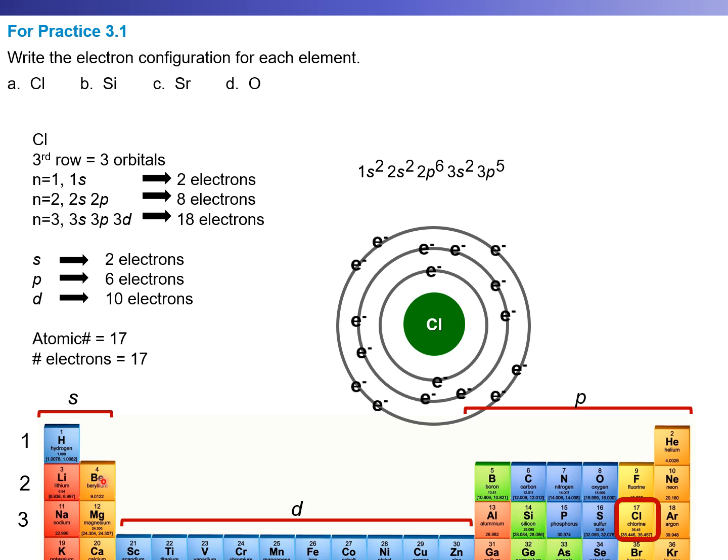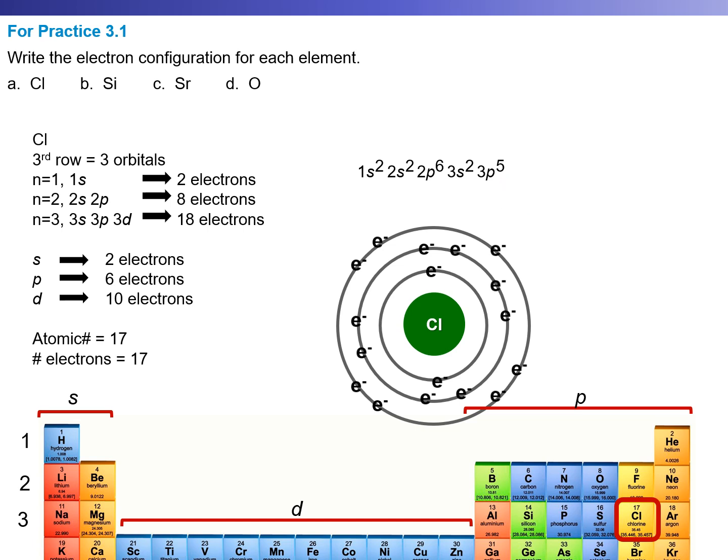My second row is full to the s and the p, so I'd write 2s2 and 2p6. I'm full at the s in the third orbital, so 3s2, and I have to count out my electrons for the p subshell, and I've got 1, 2, 3, 4, and 5. So much simpler, isn't it?